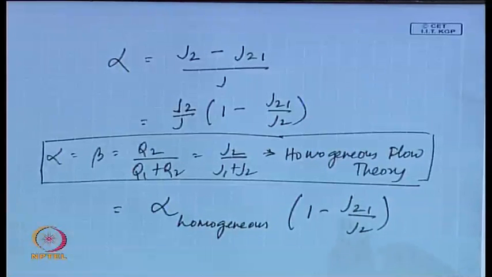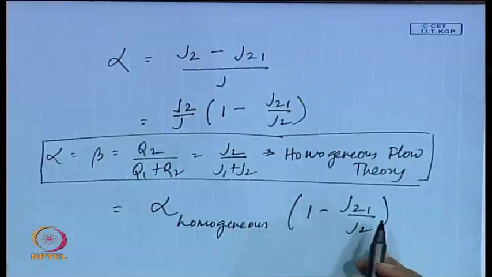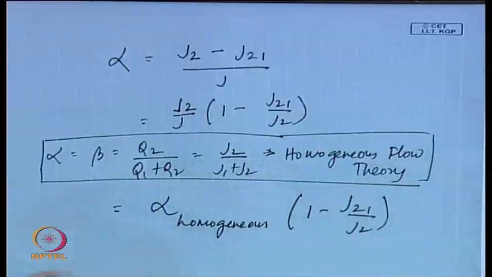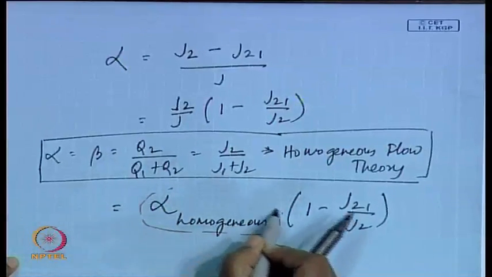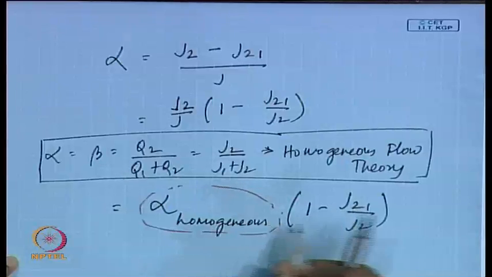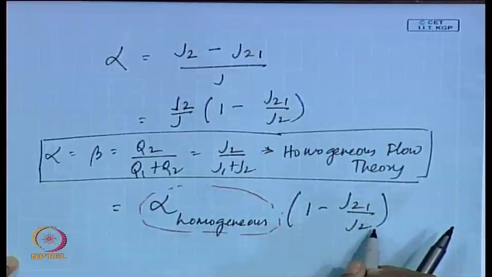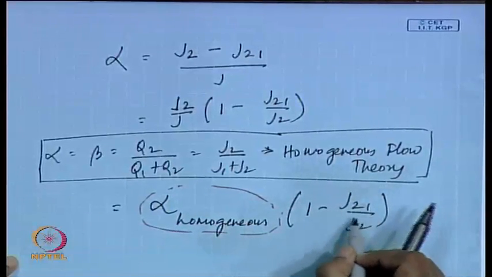So, what do we find? Just by incorporating the concept of drift flux, what did we do? We have just modified the homogeneous flow value of alpha by multiplying it with a correction factor which is a function of J21.